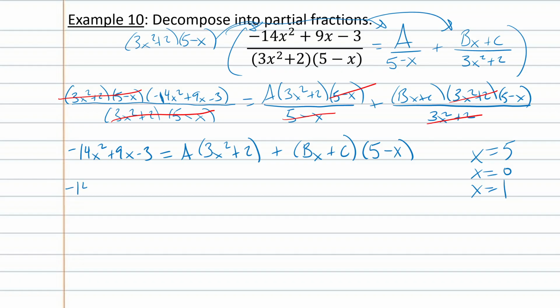Okay, negative 14 times 5 squared plus 9 times 5 minus 3 equals a times 3 times 5 squared plus 2 plus b times 5 plus c times 5 minus 5.